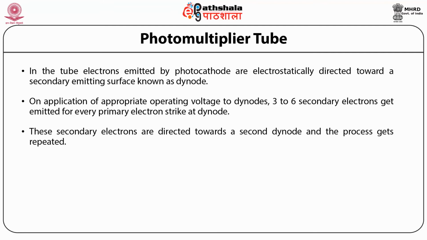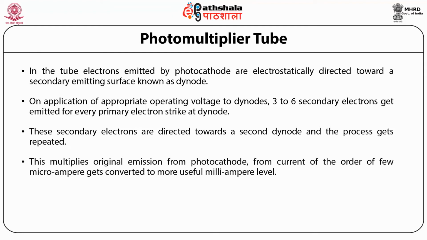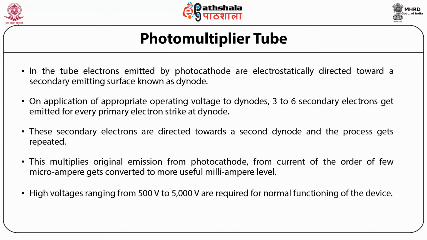These secondary electrons are directed towards a second dynode and the process gets repeated. This multiplies the original emission from the photocathode. A current of the order of a few microamperes gets converted to a more useful milliampere level. High voltages ranging from 500 volts to 5000 volts are required for normal functioning of the device.